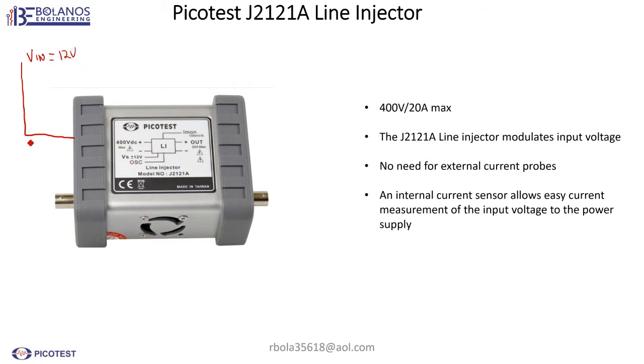Okay, and that 12 volts is then routed, and it goes into this L1. I believe it's either an amplifier driving a transformer. So that 12 volts goes through L1, and then it exits on the right side. Okay, and typically this would go to your power supply.